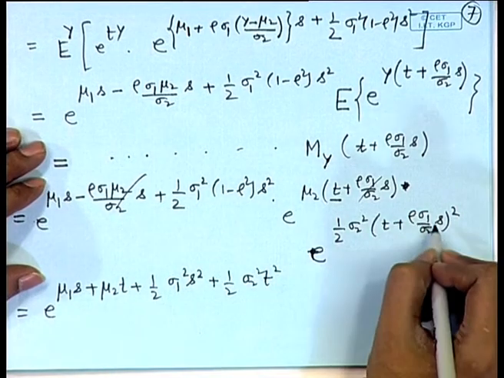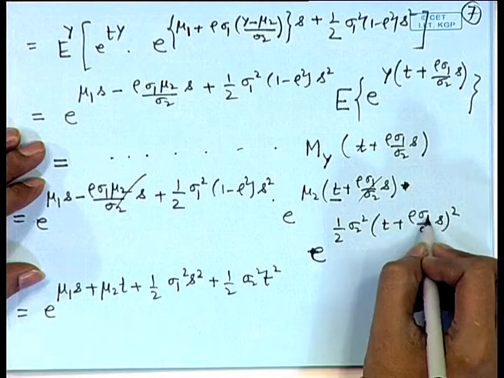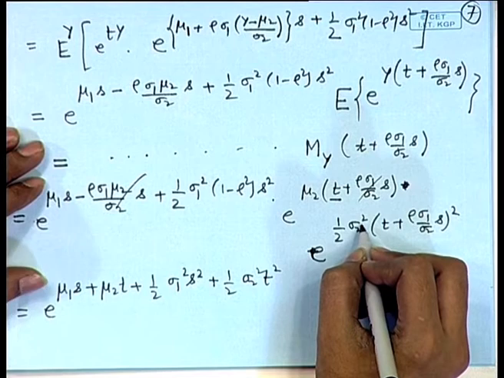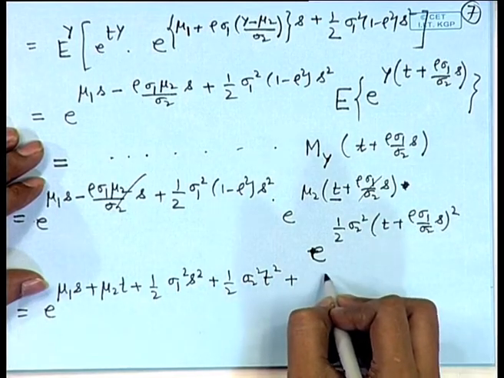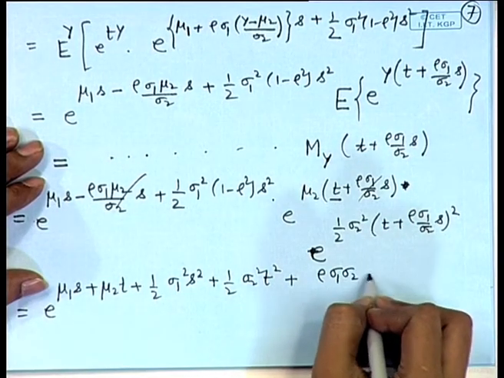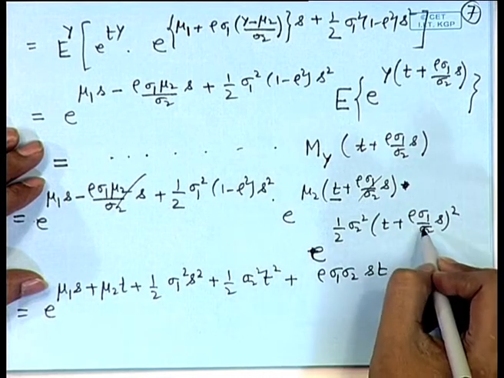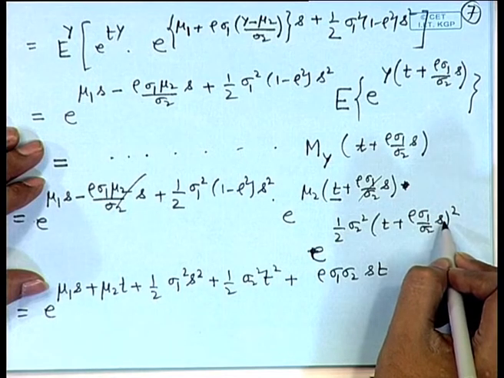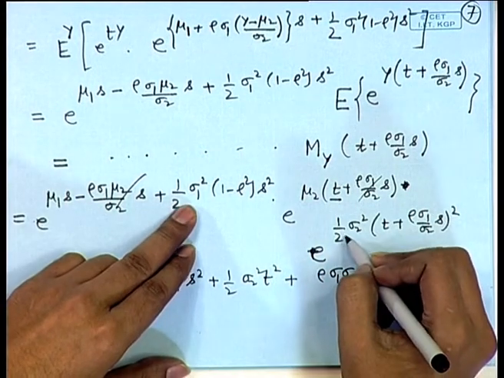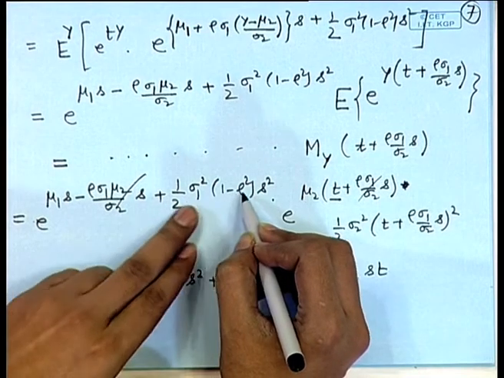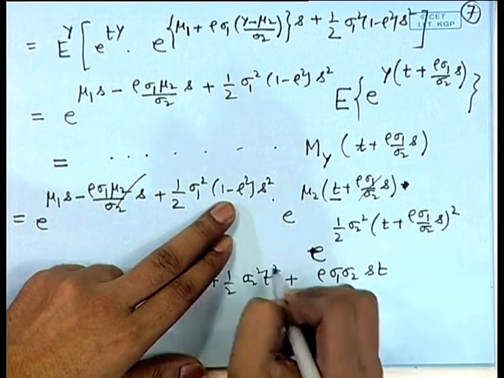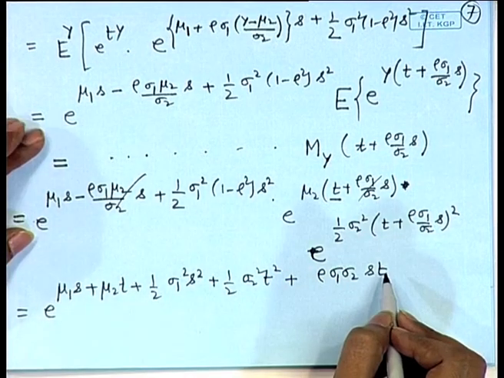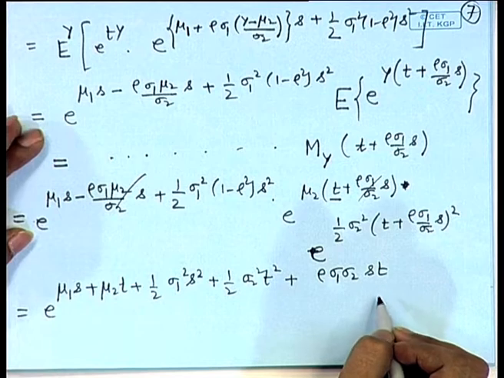Now, when we take a square here, it is becoming twice rho sigma 1 by sigma 2 s t. So, with sigma 2 square, you will get plus rho sigma 1 sigma 2 s t, and the square term here, rho square sigma 1 square s square with a half, will get cancelled with minus half sigma 1 square rho square s square. So, we are left with this term as the MGF of the bivariate normal distribution.